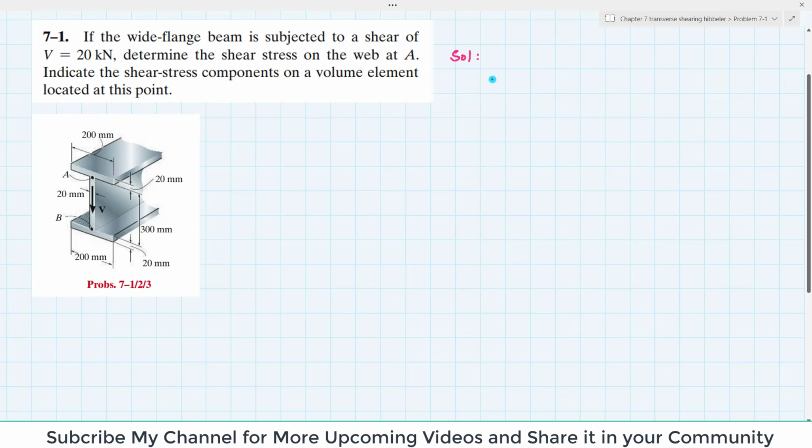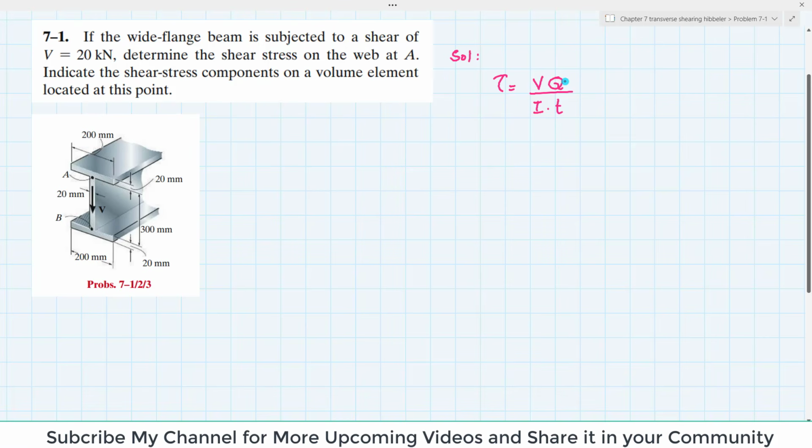As we know, the shearing stress in this beam is equal to V into Q divided by I into T. Now what is tau? This tau is the shearing stress in the member at the point located at a distance of y dash from the neutral axis. This V is the internal resultant shearing force, or the given shearing force.